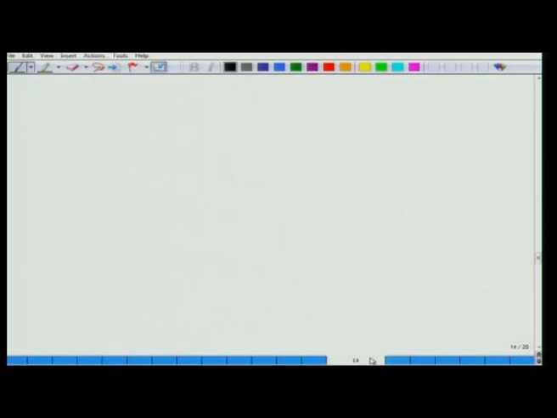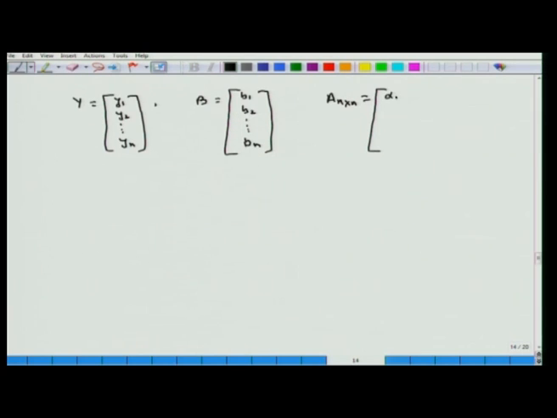If we introduce the notations, capital Y equal to the column y_1, y_2 up to y_n, then capital B equal to the column matrix B_1, B_2 up to B_n, and capital A, which is an n cross n matrix, standing for alpha_11, alpha_12 up to alpha_1n, in this way alpha_21, alpha_22 up to alpha_2n, finally alpha_n1, alpha_n2 up to alpha_nn.